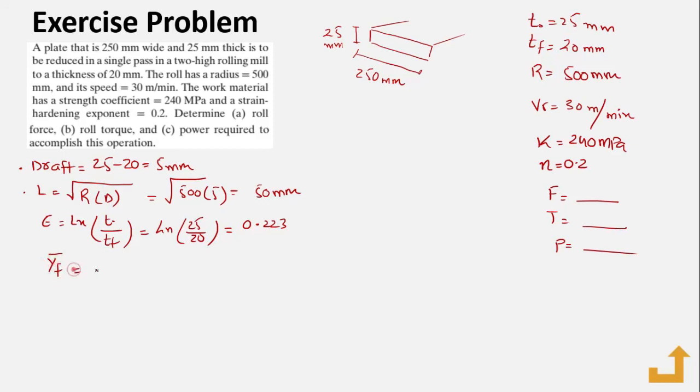So the average flow stress would be, as we know, the strength coefficient K into the true strain to the exponent strain hardening n, divided by 1 plus n. As it is a rolling operation, that's why we are using the average flow stress. So it would be equals to 240 into 0.223 to the power 0.2, divided by 1 plus 0.2.